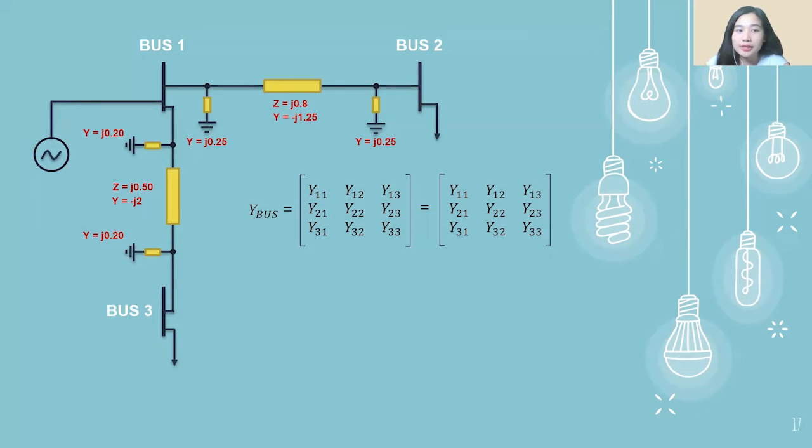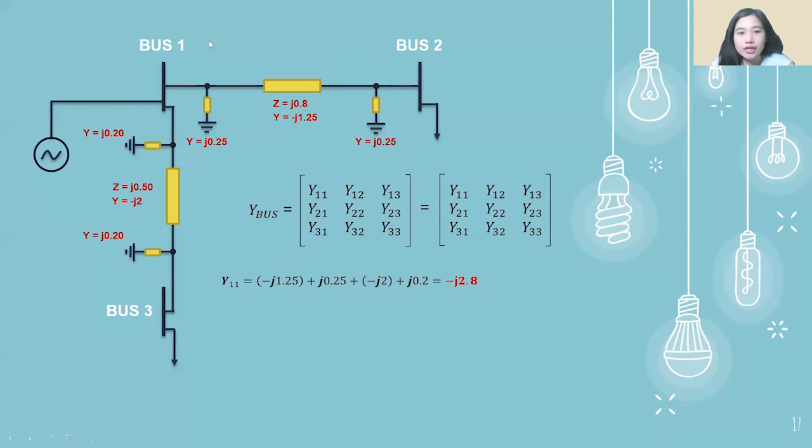So as you can see, may mga values na and all of the impedances. Pag impedance ang given, you have to solve for the admittances by just reciprocating it, and the calculator is there. It is easier to compute it with that. Of course, we're dealing with imaginary numbers. So our Y11, sinabi ko sa inyo na lahat ng connected sa bus 1 is the algebraic sum nun, or the sum of all the admittances connected to bus 1 will be the value of our Y11.